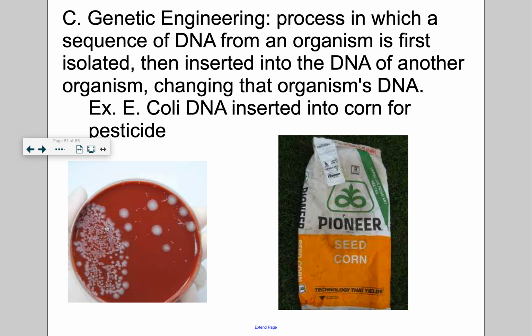We take just that gene and insert it into, in this case, corn, and that gene gets expressed in that organism, and as a result, it carries a benefit, maybe a pesticide, so resistance against insects, right? Maybe resistance against drought or wet conditions.